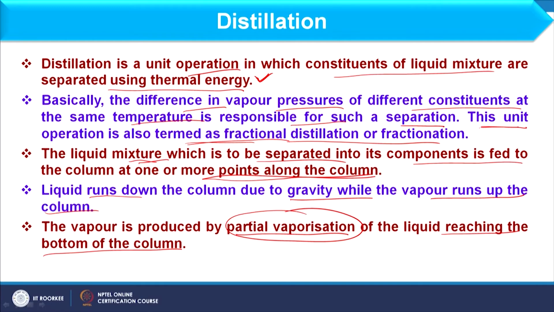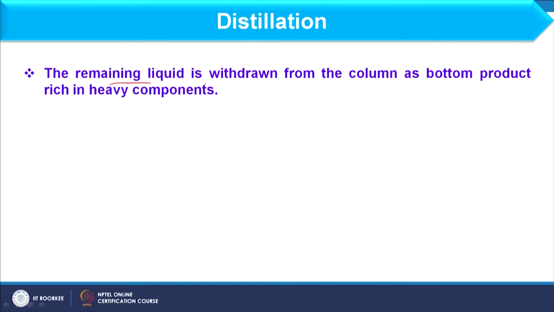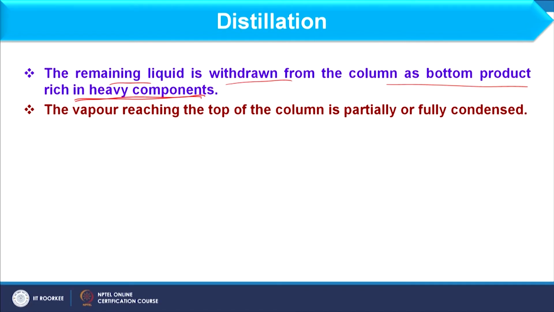Further, the liquid which remains is withdrawn from the column as bottom product, and that basically contains the heavy component. I hope you understand the meaning of light component and heavy component. Which is lighter, it means which has more volatility, that will be considered as the lighter component.